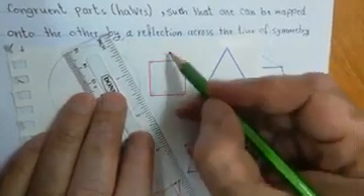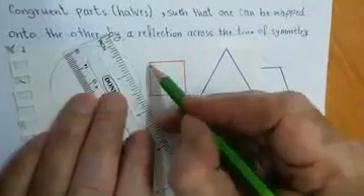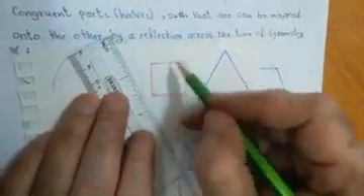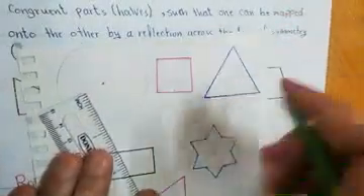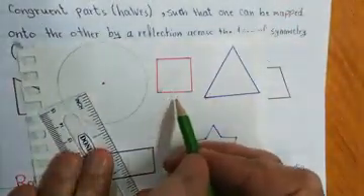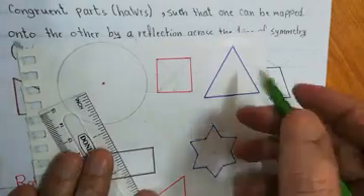So the 2 diagonals and the 2 bisectors of the opposite sides are all lines of symmetry. So the square has 4 lines of symmetry.